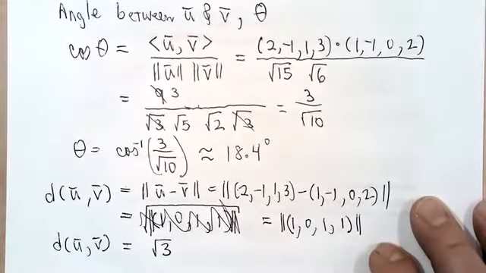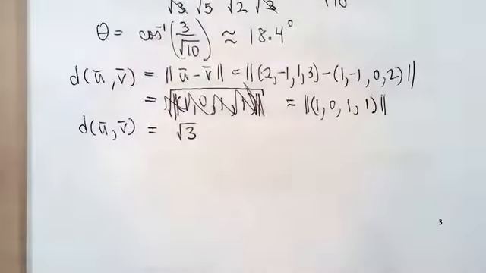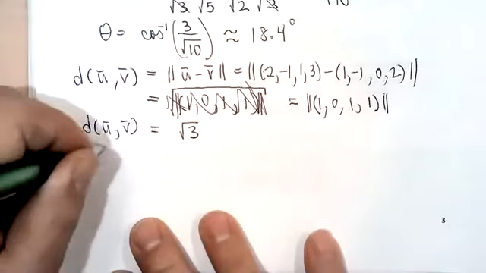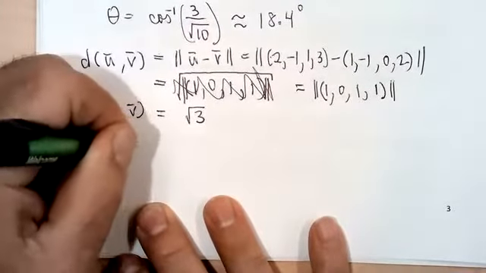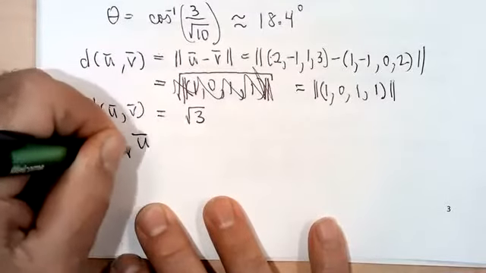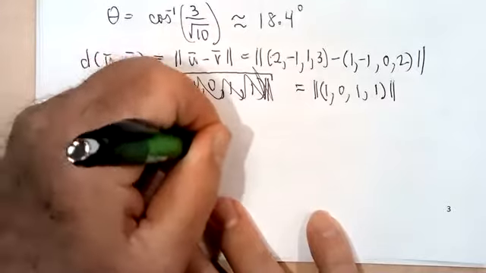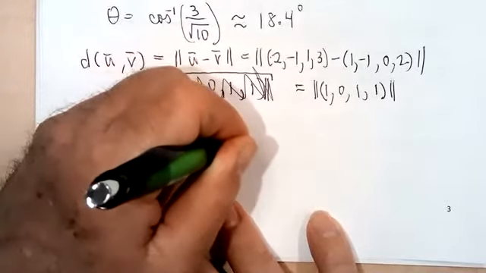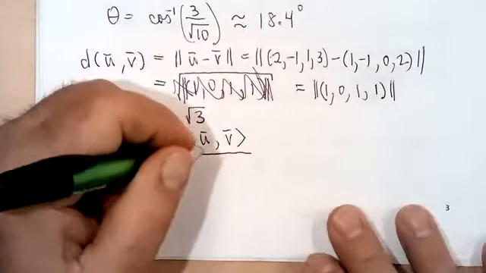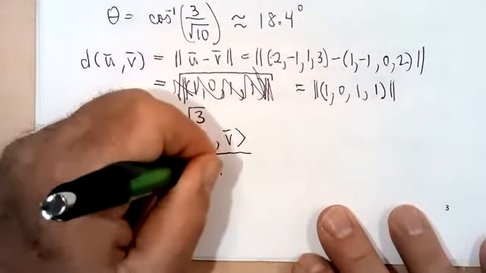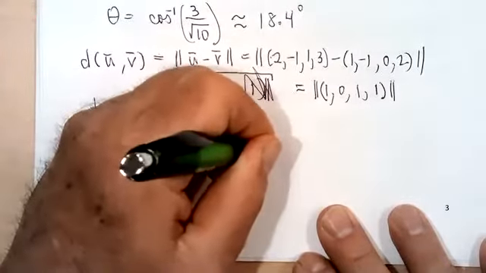Okay, so I think that is, oh, haven't done the projection yet. So let's do this. The projection of u onto v is the inner product of u and v over the length of v, the norm of v squared, times v.